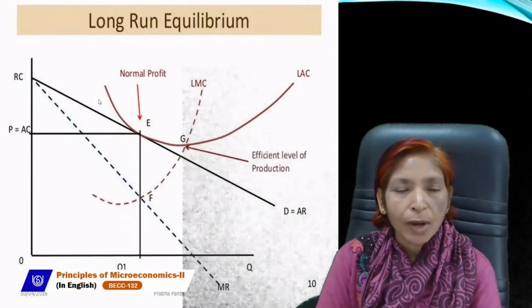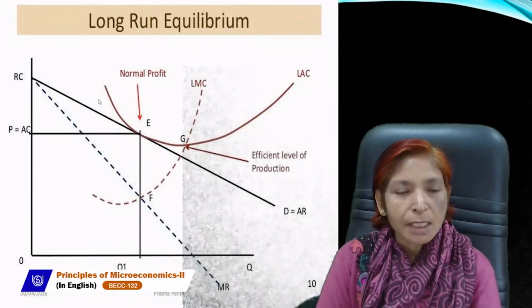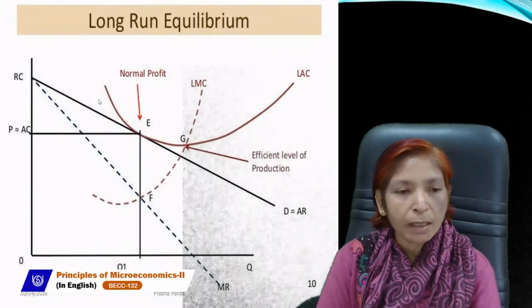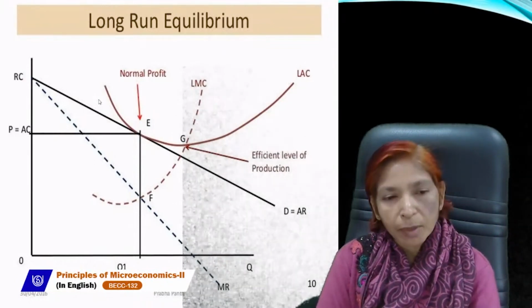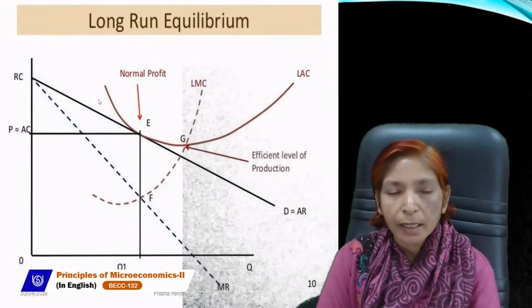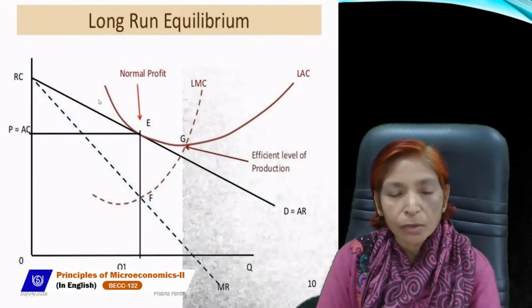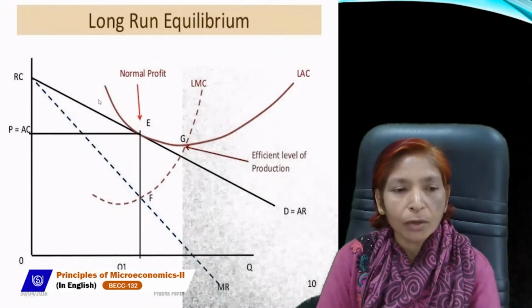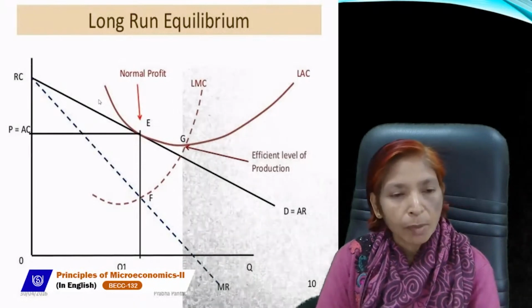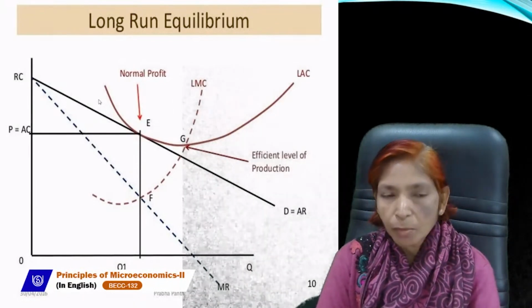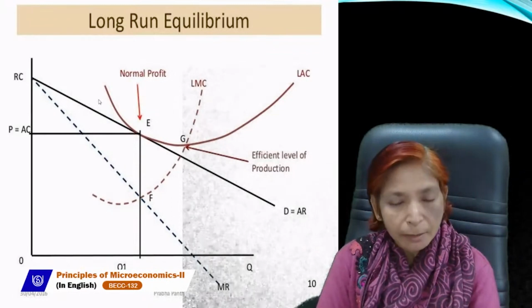So in the long run you have too much time. That's why a firm can enter the market and may exit the market at any time. When some firms earn abnormal profit, other firms will be attracted to see this profit and they will enter the market. Supernormal profit will convert into normal profit due to the increase in supply.